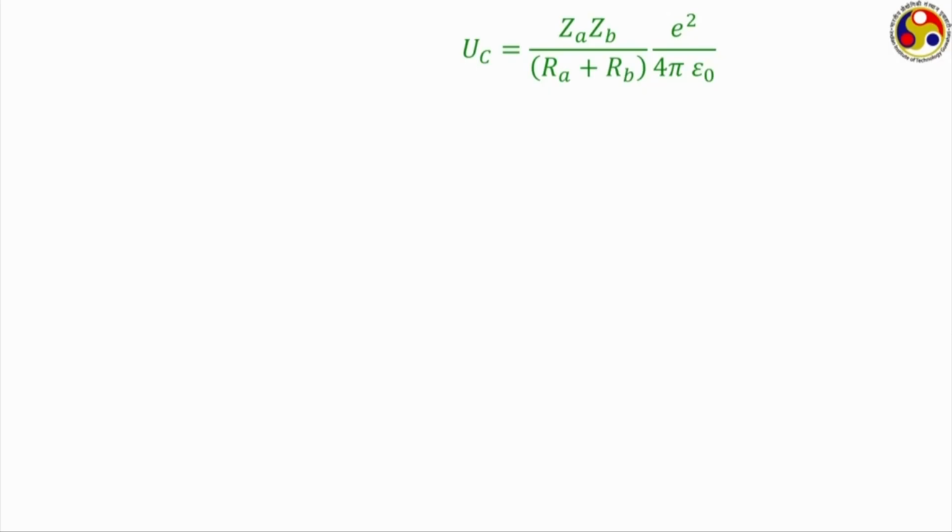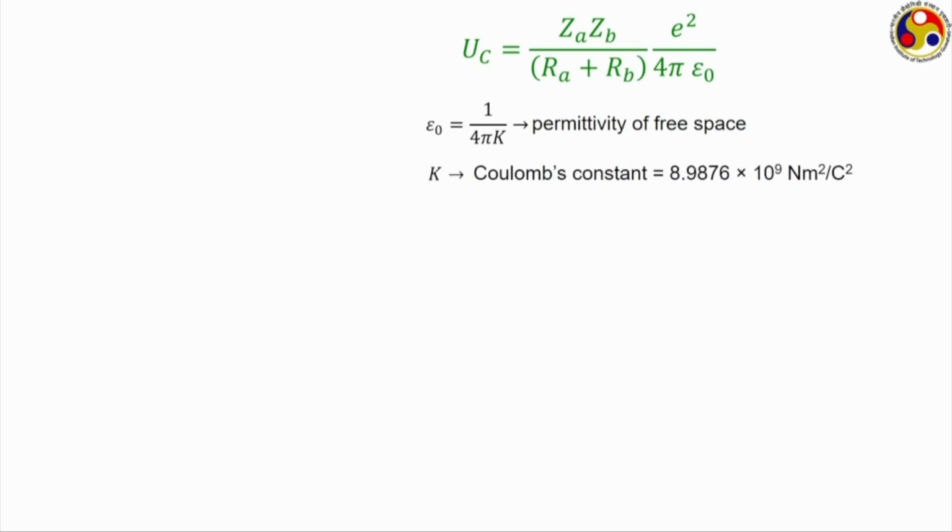For the radius you can go back to our earlier module, module number 1, where we have given an empirical relationship between the radius of a nucleus and its mass number. So, generally assuming it to be a sphere, the corresponding relation can be used to get the values of R_A and R_B. e refers to electronic charge, and epsilon is the permittivity of free space, which is 1 by 4 pi K. Here K refers to Coulomb's constant given by this value.